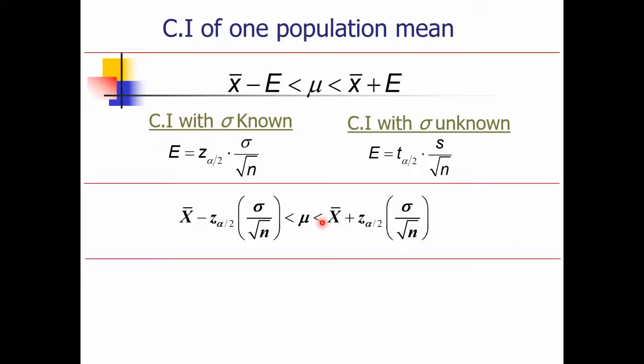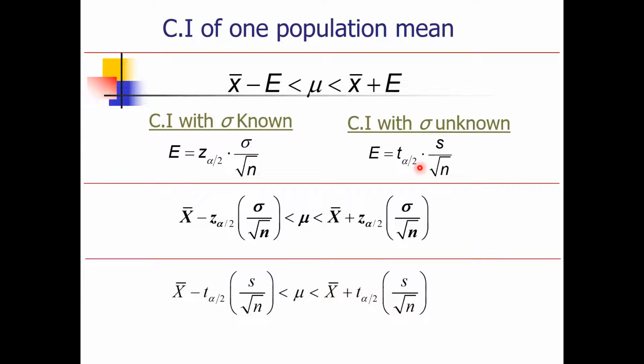If you are dealing with T, then you get this one: if you remove E and plug in the T equivalent of your margin of error, you're going to get the second formula. So the two are the same, right? You just pay attention to whether you know the population standard deviation, so you use this one. If you don't, you are using T, right?